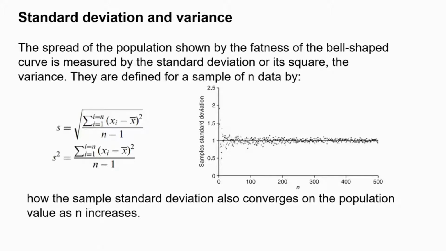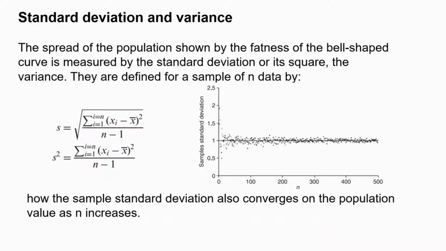Alright, so next is standard deviation and variance. It's quite simple and it's related to the mean. In standard deviation, the spread of the population is shown by the flatness of the bell-shaped curve, which is measured by the standard deviation or its square, and we can also use its square to simplify it.